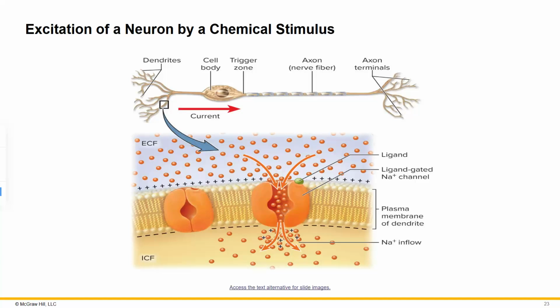Chemically gated just means it needs something, like a chemical, to bind to it in order for it to open. So once that specific chemical binds, the channel opens and a lot of potassium comes rushing in. That influx of potassium causes a positive charge to come inside of the membrane.